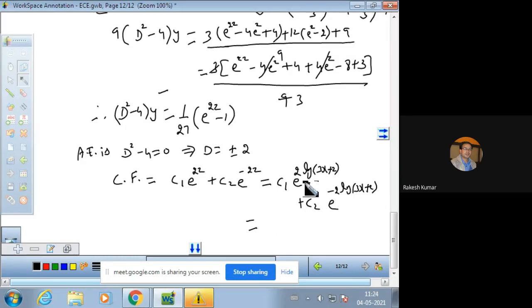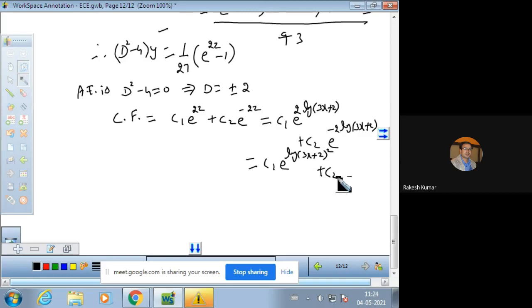So ultimately you will have C1 e raised to power log of (3x plus 2) whole square, and for the second term, plus C2 e raised to power log of (3x plus 2) raised to power minus 2. Now e raised to power log will be cancelled. So C1 (3x plus 2) whole square plus C2 (3x plus 2) raised to power minus 2. So this is your complementary function in terms of x.